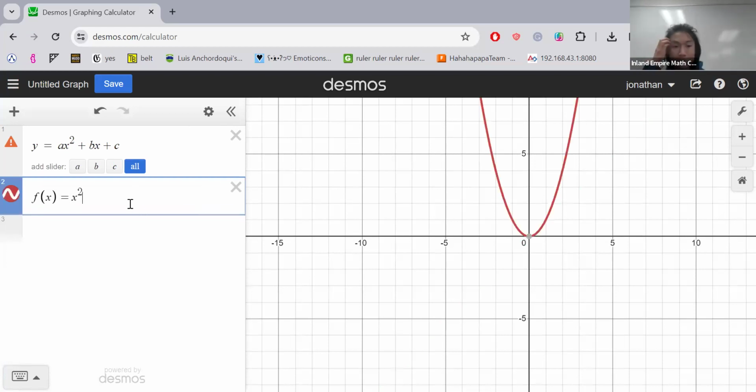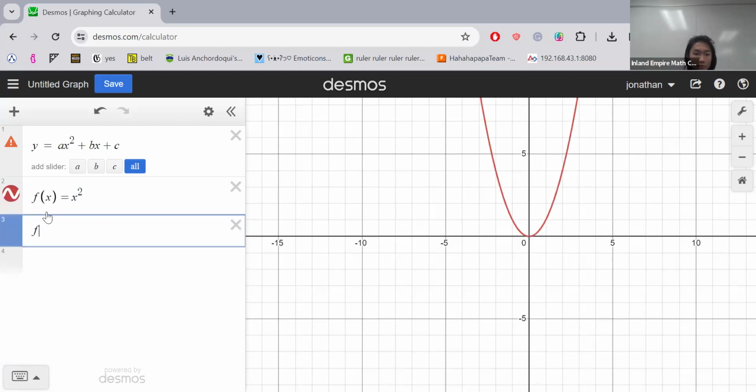First of all, let's break down what this function is doing. For every input, our output is going to be that input squared. So I give it f of 2, the output is going to be 4 because we have 2 squared, which is 2 times 2. I'm multiplying it by itself.